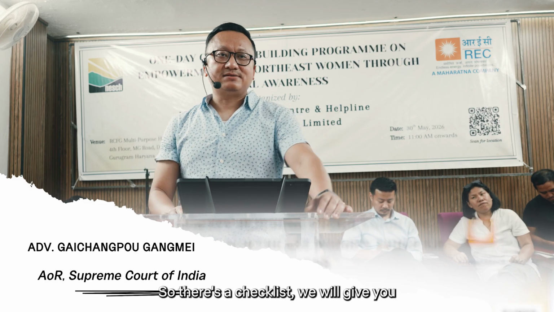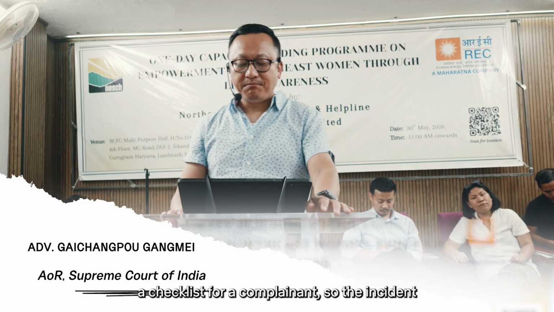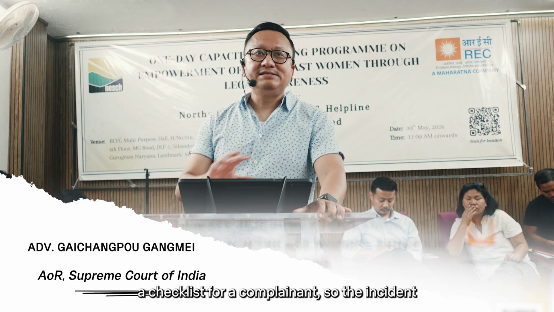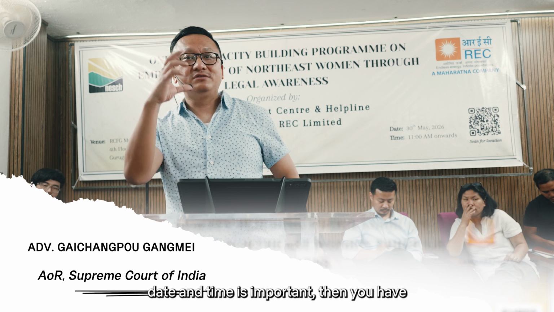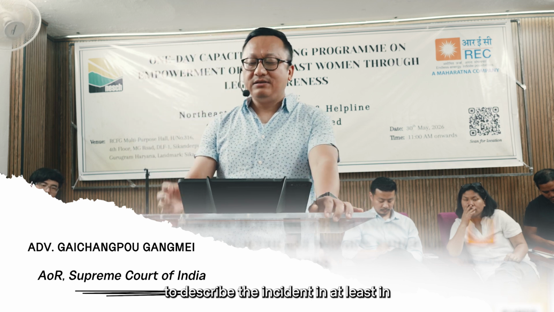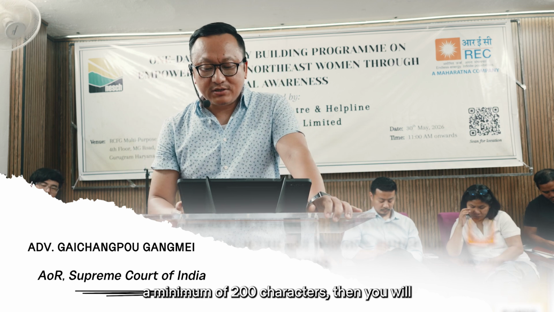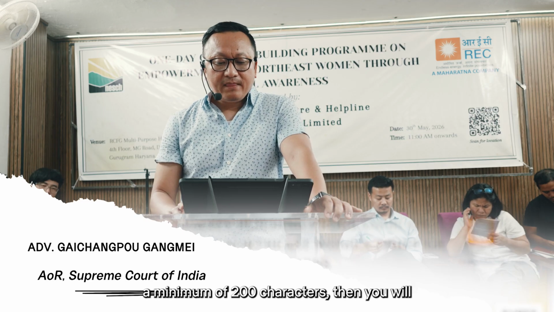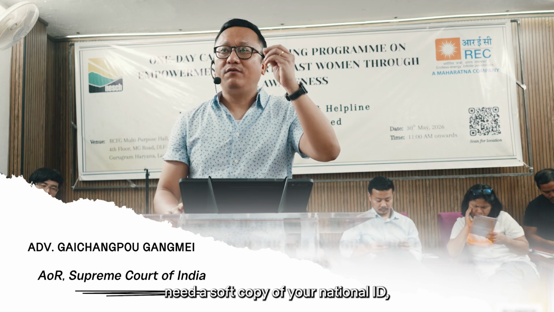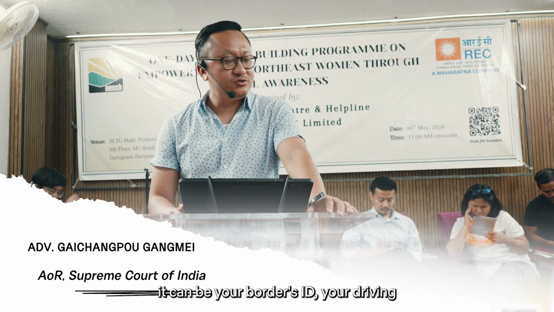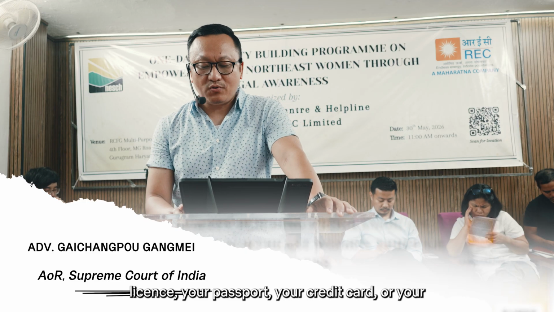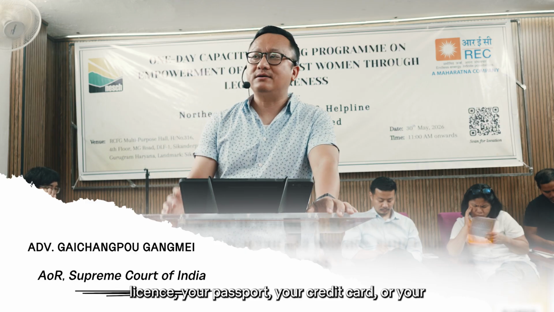So there's a checklist. They will give you a checklist for a complainant. The incident date and time is important. Then you have to describe the incident in a minimum of 200 characters. Then you will need a soft copy of your national ID. It can be your voter's ID, your driving license, your passport, your PAN card, or your Aadhaar card.